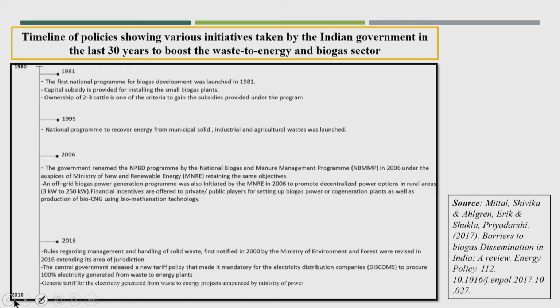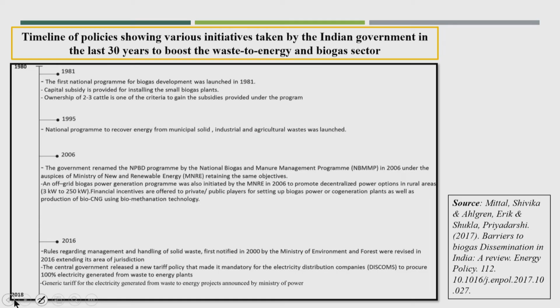So, in 1981 the first national program for biogas development was launched, and ownership of 2 to 3 cattle was one of the criteria to gain the subsidies provided under the program. So, even farmers having 2 to 3 cattle used to get 5,000 rupees subsidy.